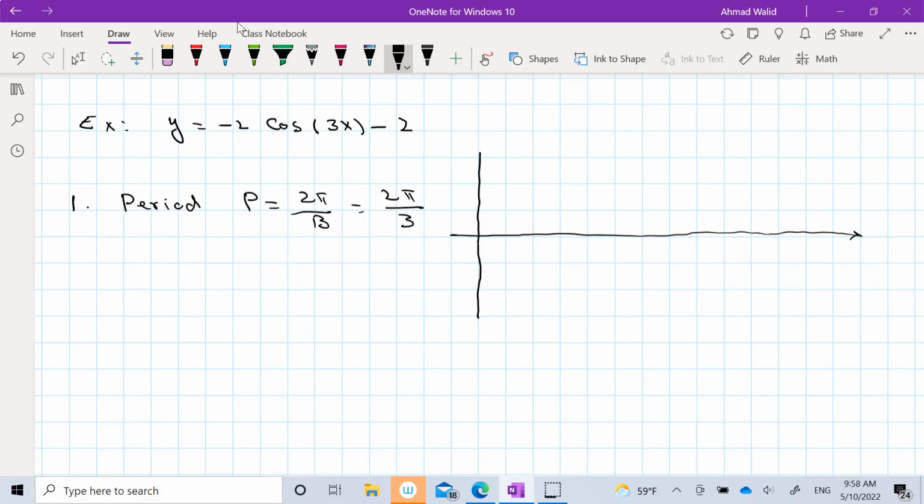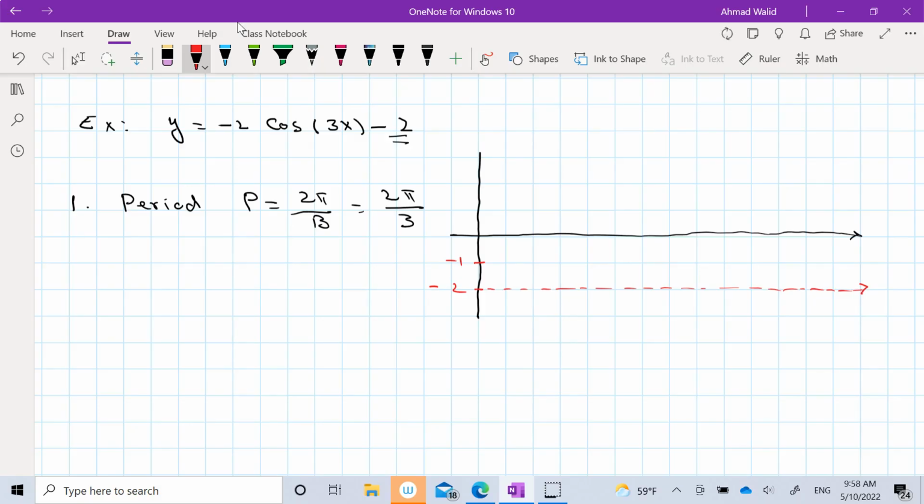To not erase, what is your vertical shift? Your vertical shift is negative 2. Let me mark here negative 1 and here negative 2. Let's first draw our vertical shift, because I love to find the period on my vertical shift so I do not erase. Same thing. I don't want to work twice.